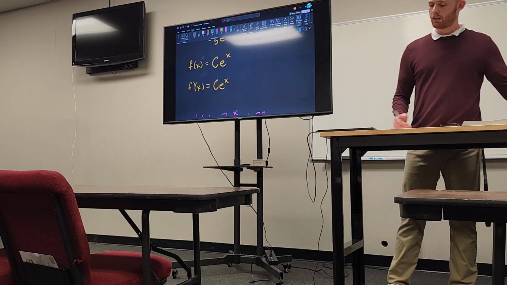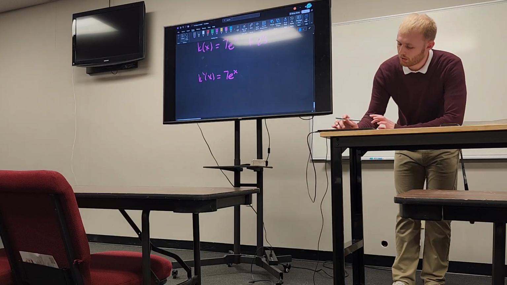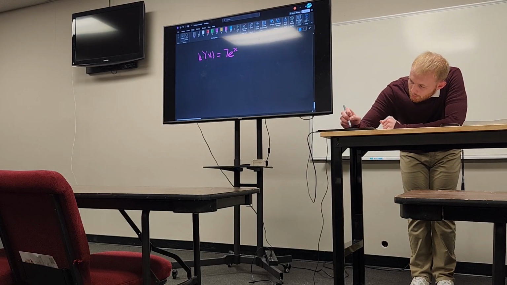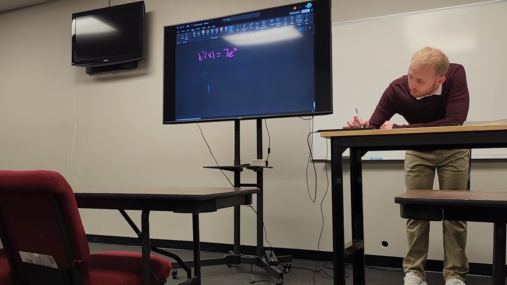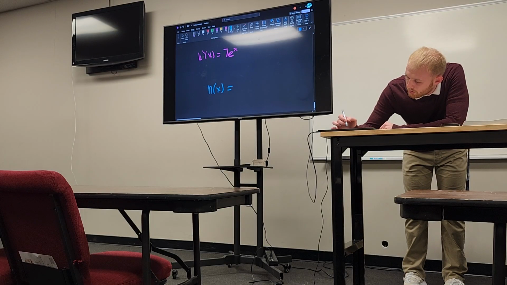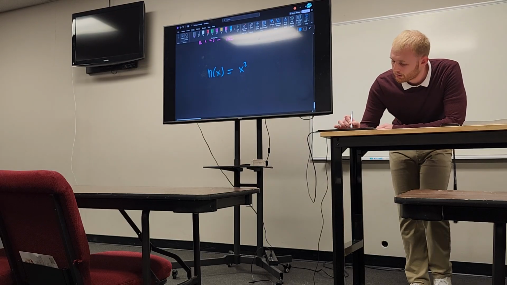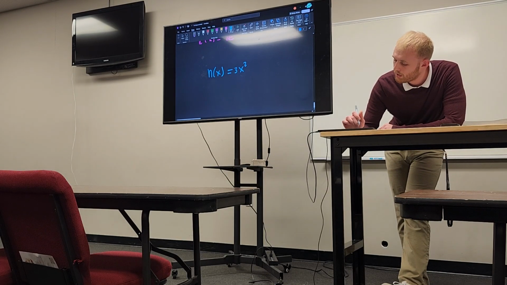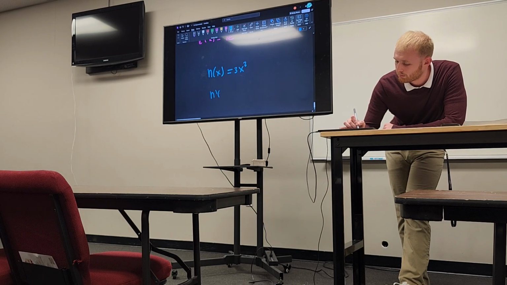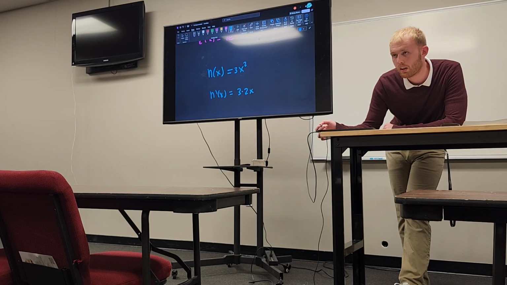Remember when we take the derivative of something with the power rule? It's the same thing. N of x equals 3x squared. What is the derivative of this? 6x. Yeah, which is actually 3 times 2x.